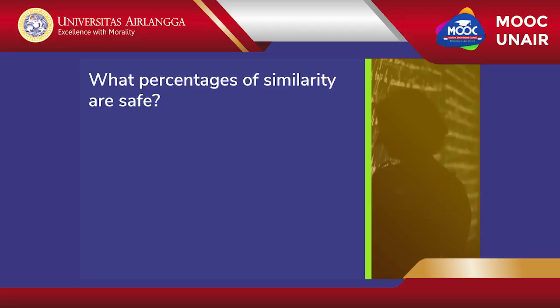Of course, similarities don't necessarily mean plagiarism, as one may have used and referenced properly the same quotes as other researchers, or coincidentally used similar phrases and terms in different contexts, and so on.